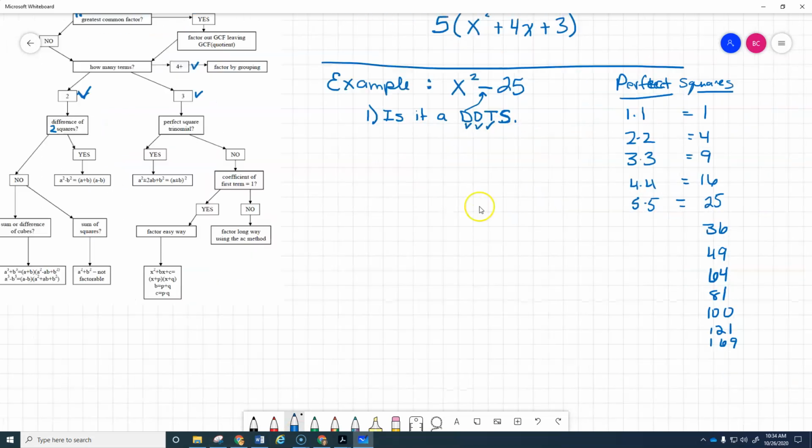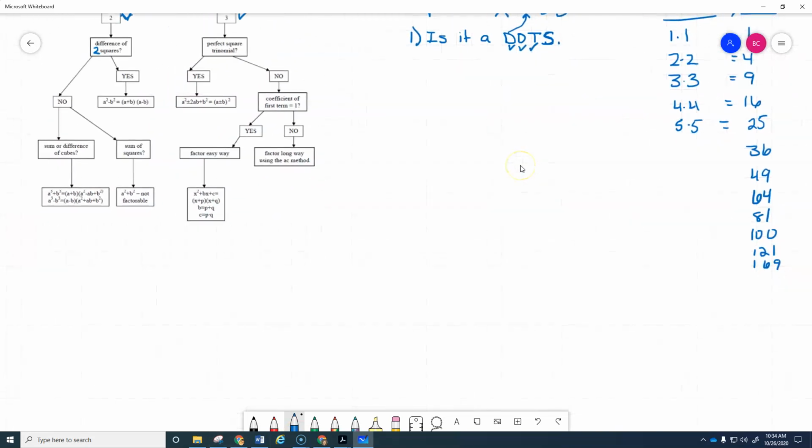I think I can even go further. 196, and this is 225. So this is 6 squared, this is 7 squared, 8 squared, 9 squared, 10 squared, 11 squared. Oh, I forgot 144. Goodness.